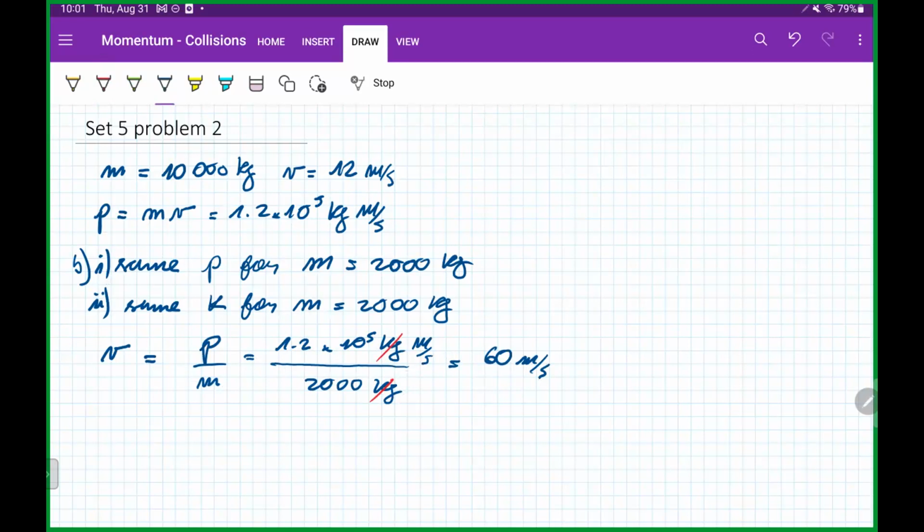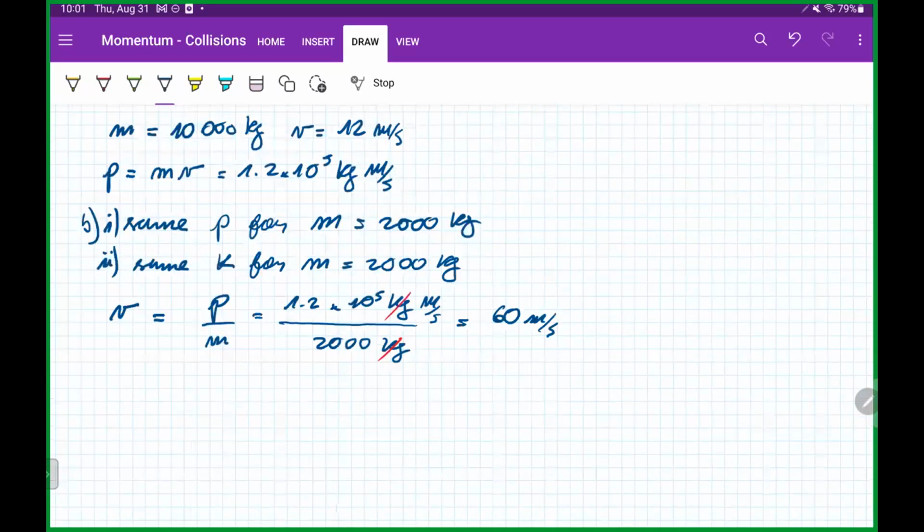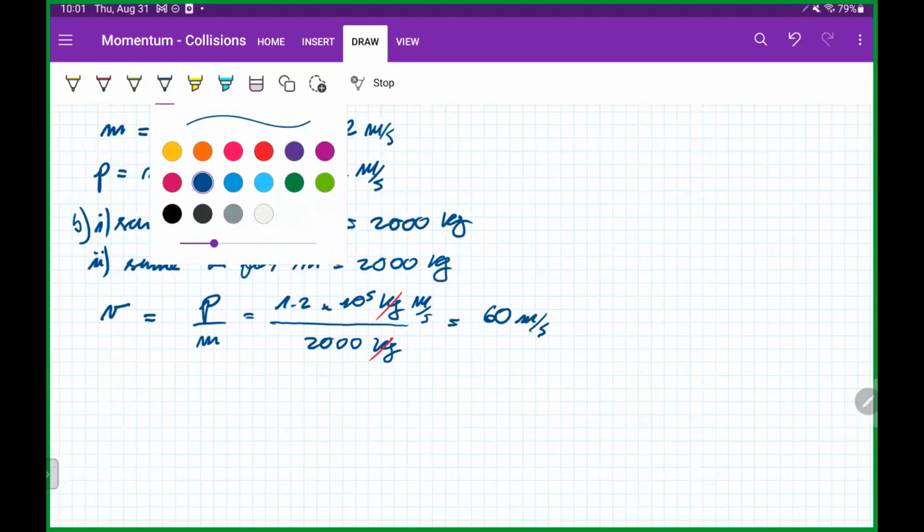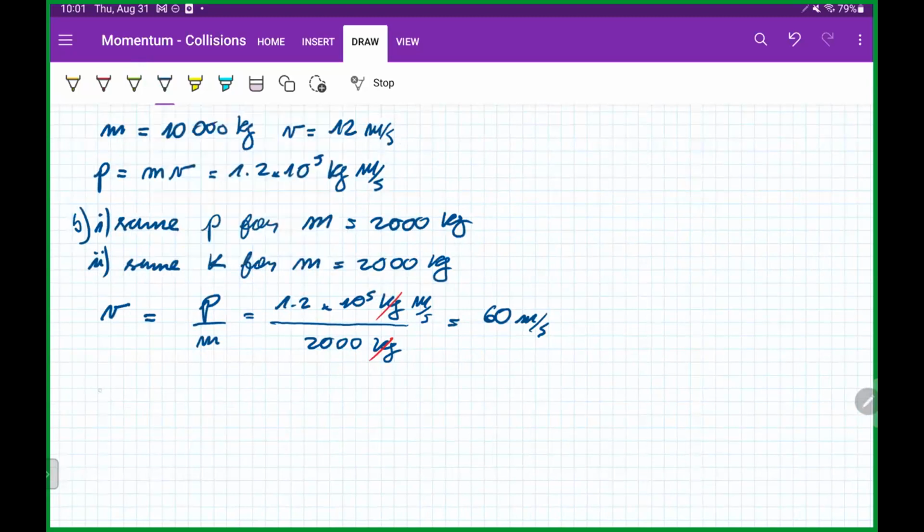All right. And for question two, we need to calculate the kinetic energy of the truck. So you have a truck, and this is 1/2 times 10,000 kilograms times the velocity squared. That's 720,000 joules.